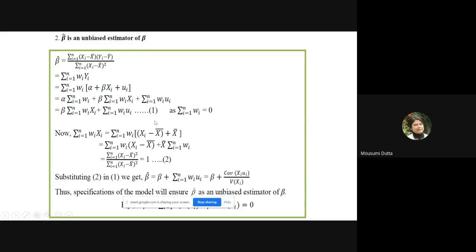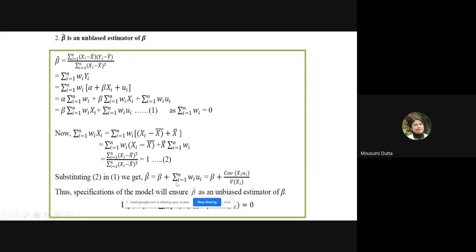Now in the question, if simultaneously you need to check that expectation of beta hat is equal to beta and find the variance of beta hat, in that case you don't need to redo it, because the steps will already be there when you calculate expectation of beta hat. However, if the expectation part is not there in the question, then you need to reach this step.